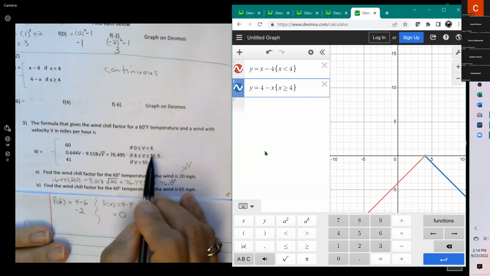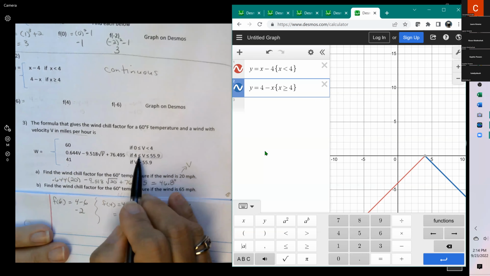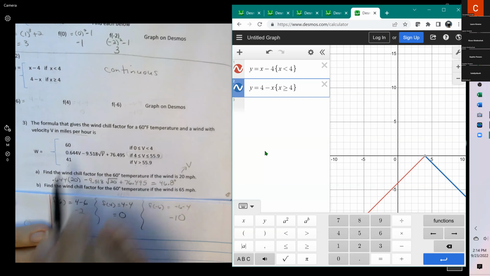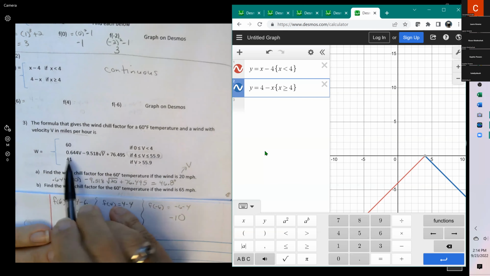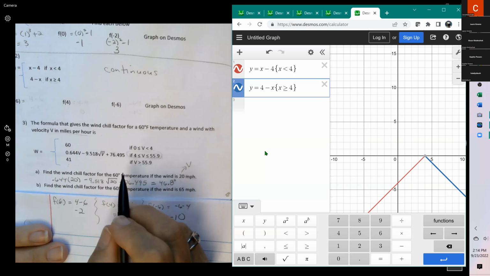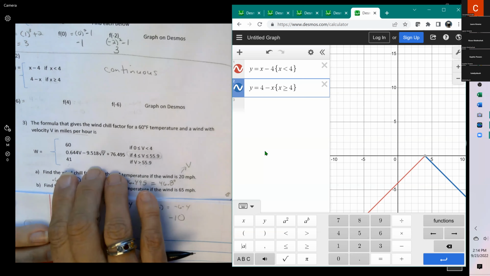So in here for temperature, you use a formula, but then these two stay consistent. Any questions on reading the equation? It's called a piecewise function because it's pieces.